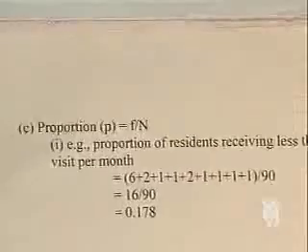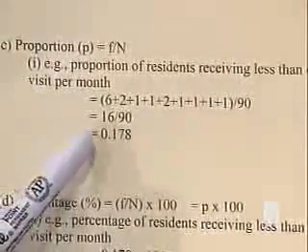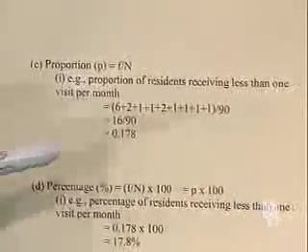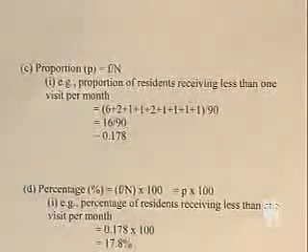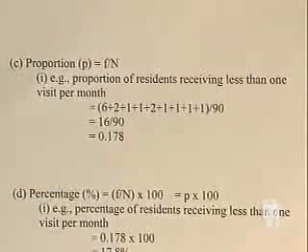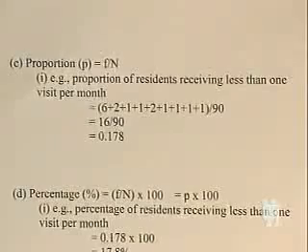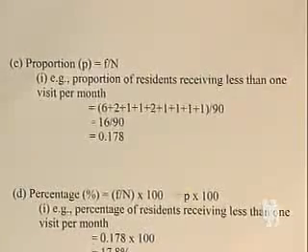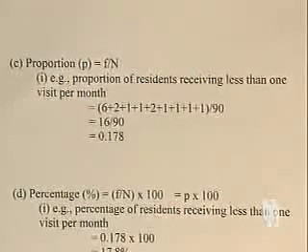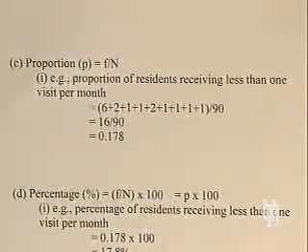And when you do that, you discover that the resulting proportion, because you have to divide by the total number of scores, which is 90, is 16 divided by 90, which is 0.178. Are there any questions regarding either the construction of the frequency distribution or the computation of the relevant proportion?